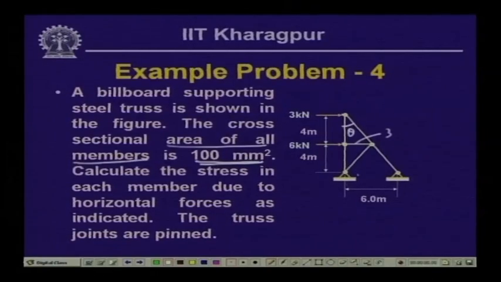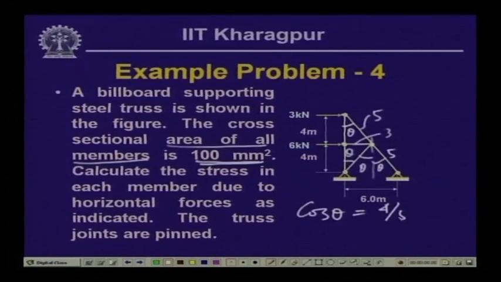So, eventually this is also theta, and if we drop a perpendicular here, this is theta and this is also theta. The value of cos theta is 4/5. This particular length, the hypotenuse, this being 3, this being 4, this is 5, and so is this, this is also 5. So, the value of cos theta is equal to 4/5 and the value of sin theta is equal to 3/5.